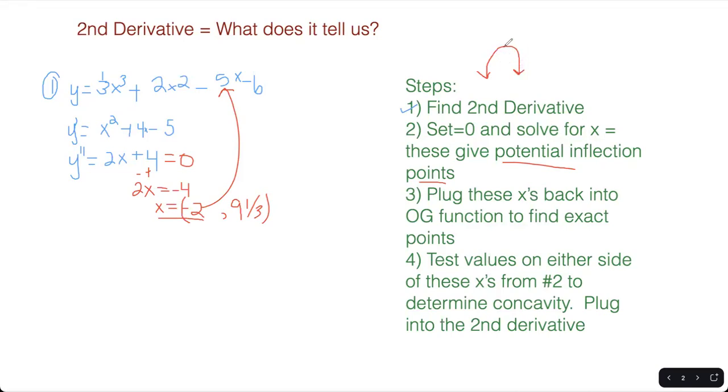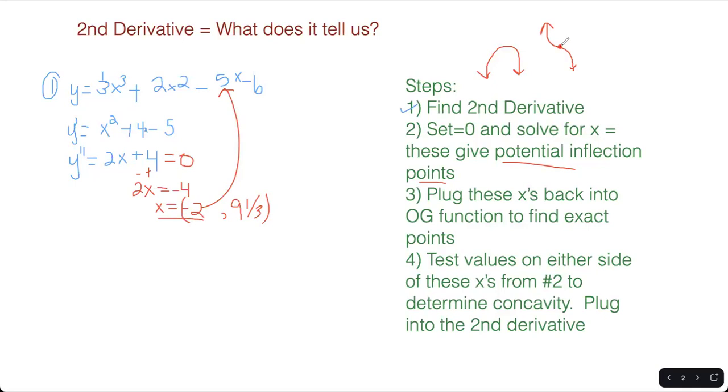If I had this function like this, my inflection point would be right in there, because the inflection point is where it changes the concavity.